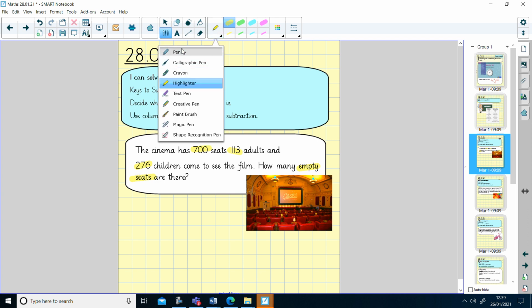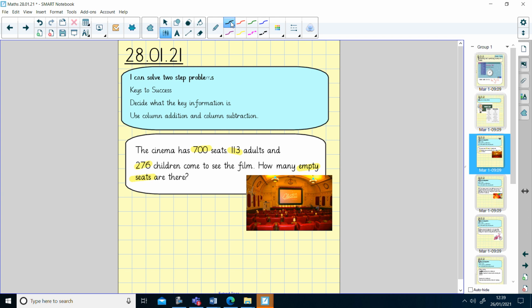So let's look what the problem is asking us to do. The cinema has 700 seats. 113 adults and 276 children come to see the film. How many empty seats are there?